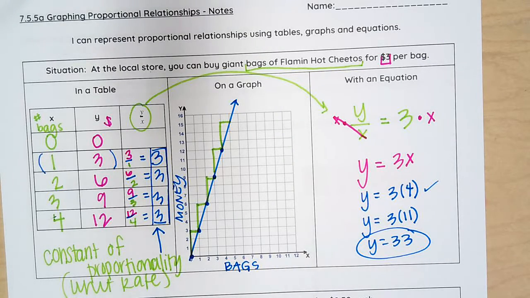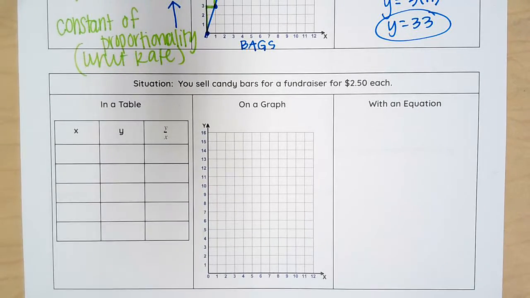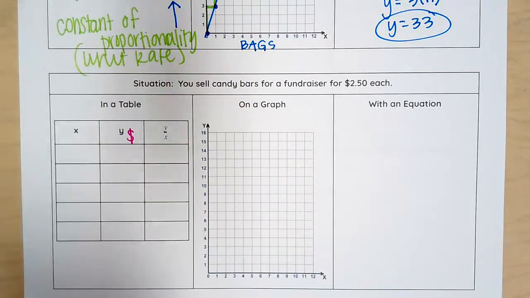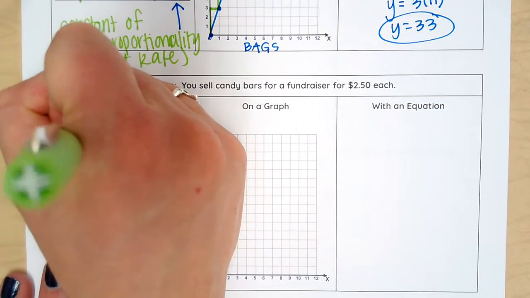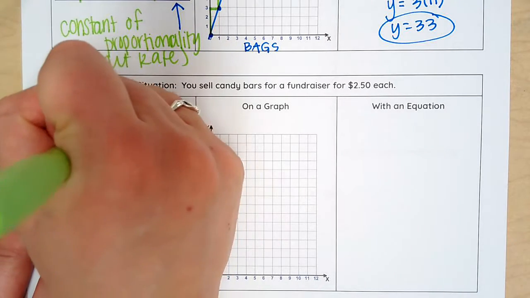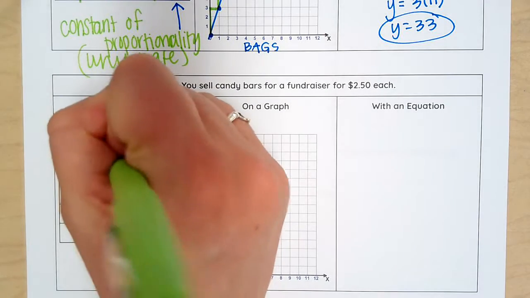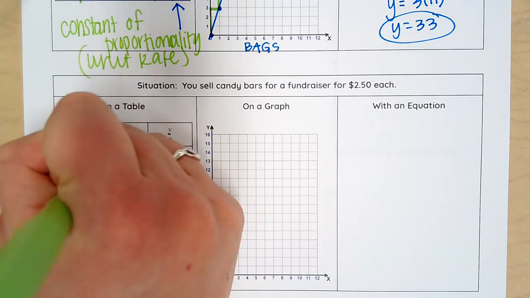All right, let's try another one, okay? So down here it says you sell candy bars for a fundraiser for $2.50 each. Again, we typically keep Y money and X what we're purchasing, number of bars. We start with our 0. If I buy 0 bars, how much money do I spend? $0. Now, typically, I just like to go up in order.